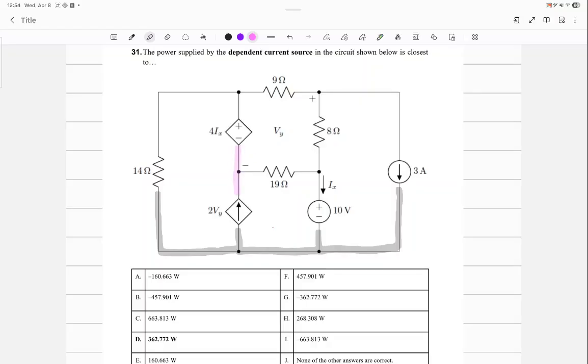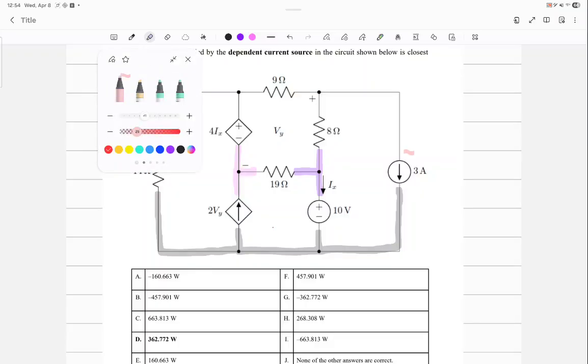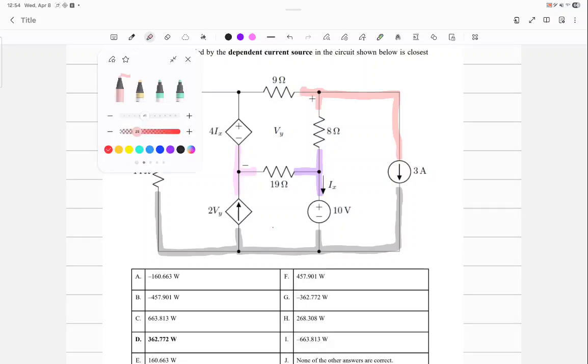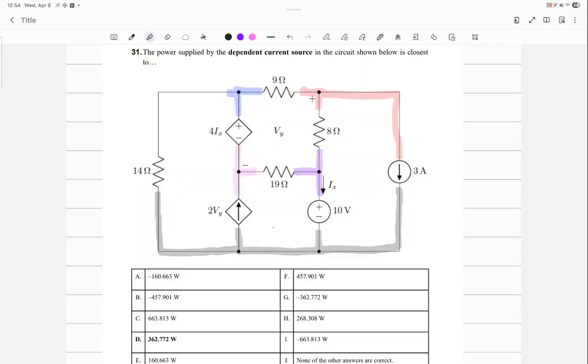Then I have this guy. Where is my green? I don't have green. Blue. Okay, that's enough.